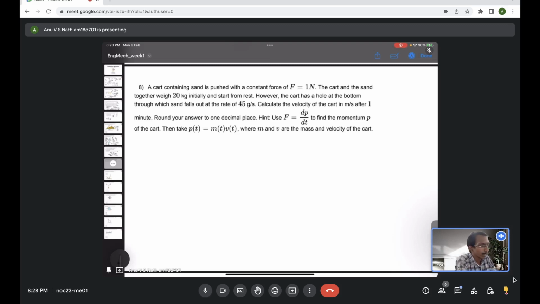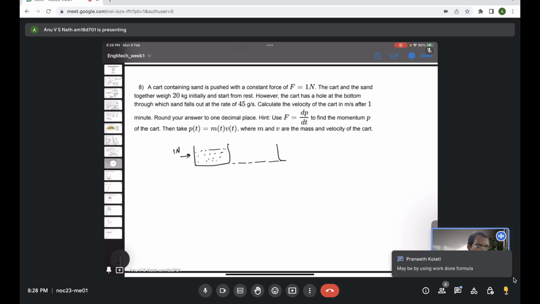So let me draw a schematic of what is happening here. We have a cart which contains sand in it, which is pushed with a 1 Newton force here, starting from rest. Now after a while you see it has moved some distance.